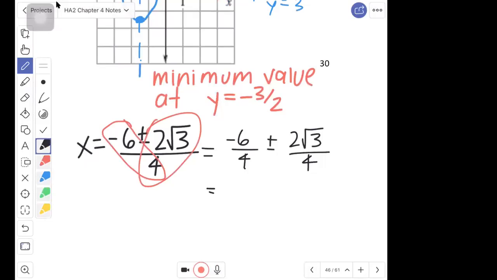So then I know that -6/4 is -3/2. And then I can cancel this 2, and then we'd just be left with 2 in the denominator. So in my mind, why wouldn't that be 1/2? Oh, yeah, that's fine. If you want to make that 1/2 and multiply it by √3, that's fine.